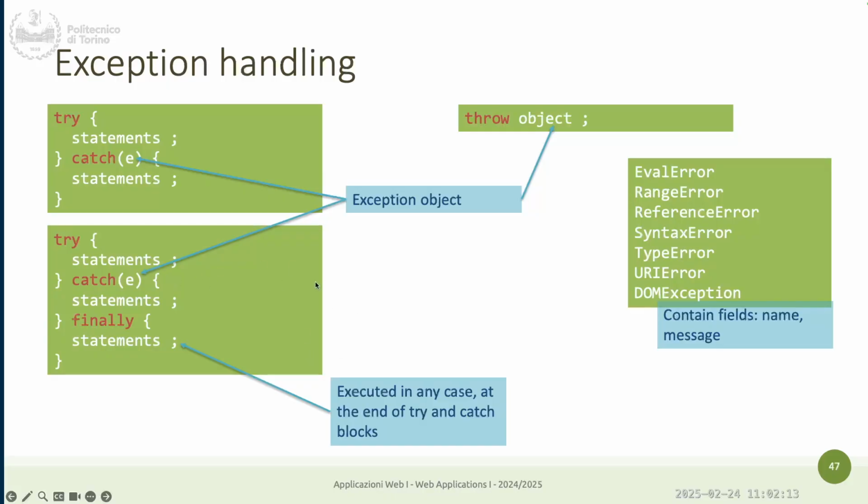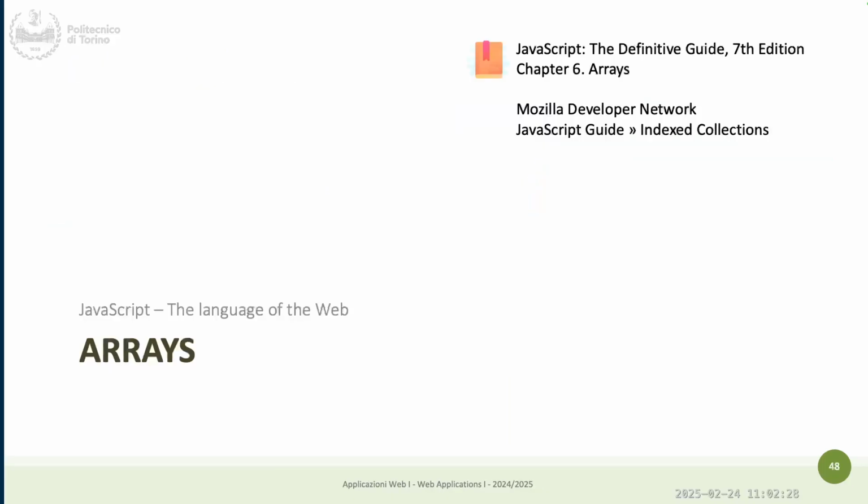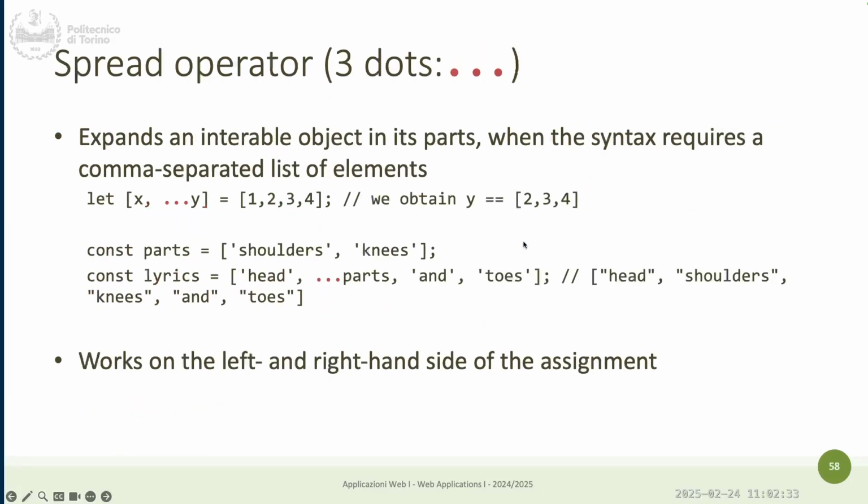So instead, in addition to this try and catch, we'll have other types of objects that will help us to manage the exceptions. They are the so-called promises, but we'll see them much later in the course. So nothing new, as I said, 5 minutes for syntax.